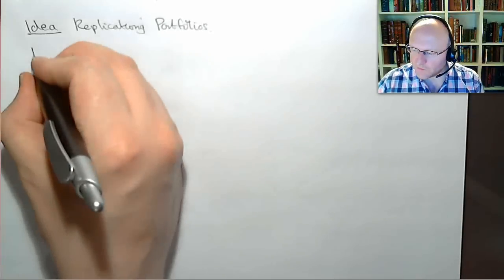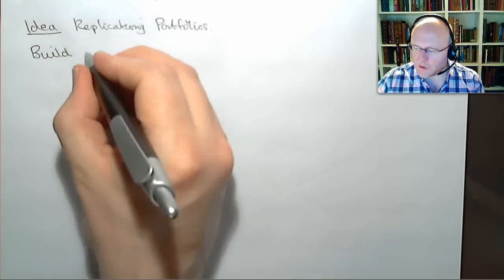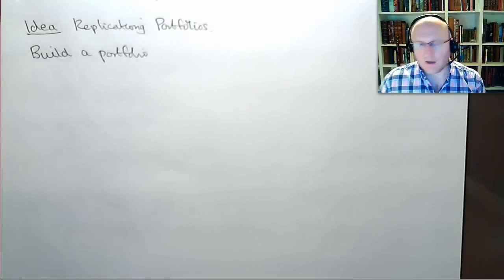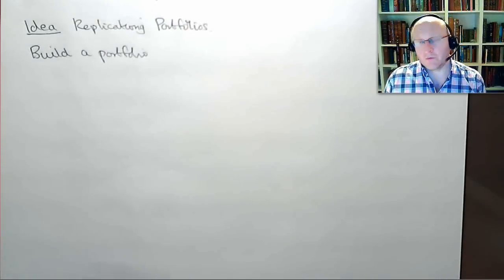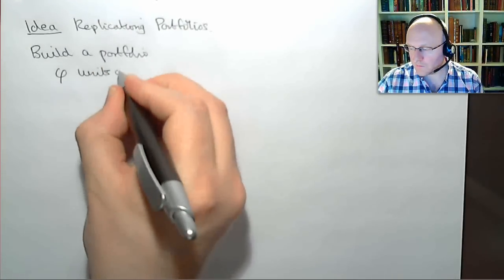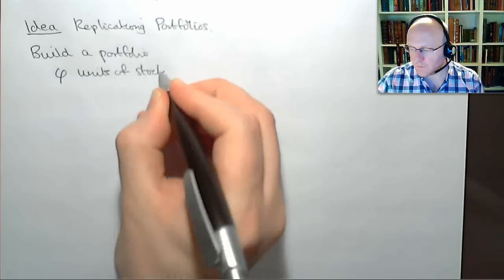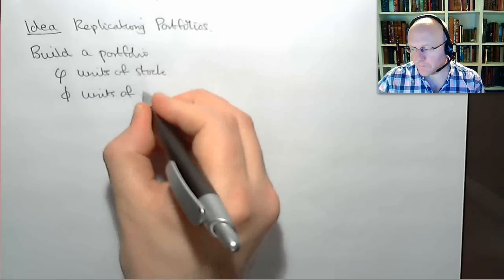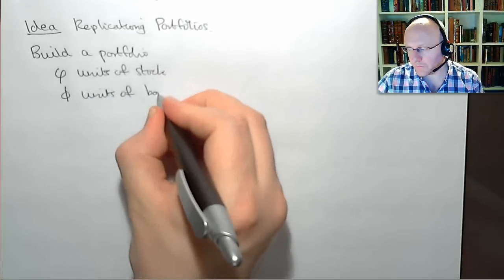So let's see what we can do here. The idea is that we're going to build a special portfolio, and we're going to build it out of some units of the stock and some units of cash, or the riskless bond.